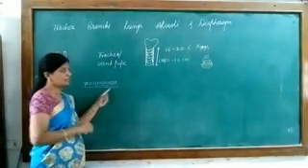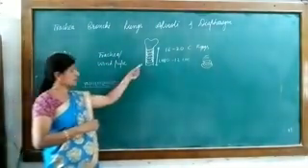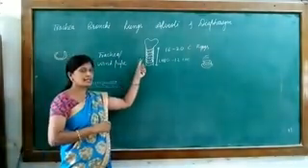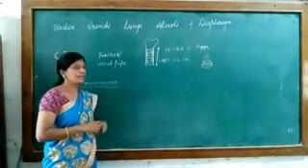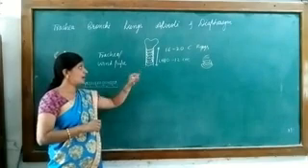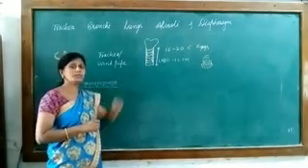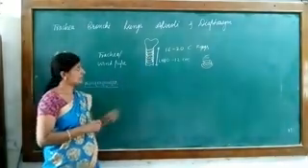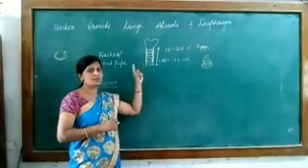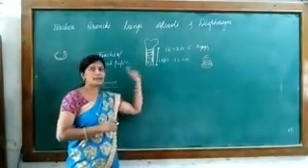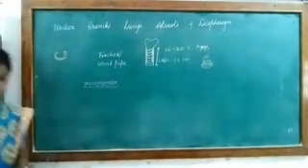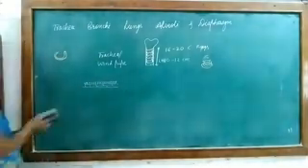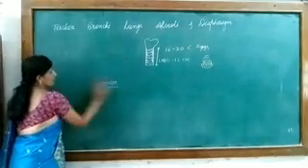Apart from that, the wall of the trachea is made up of ciliated pseudostratified epithelium, which helps in preventing the entry of germs, and it also has mucous glands. Mucous glands secrete mucus. This respiratory tract always stays moist. This is regarding the trachea. And the next part is the bronchi.